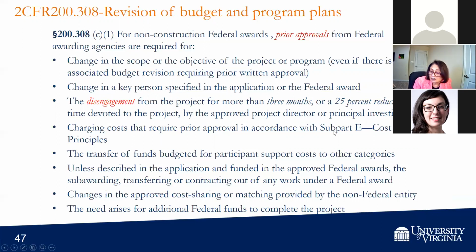Charging some unallowable costs, transfer of funds from participant support costs. Participant support cost category is a restricted cost category. So if I have leftover budget in the participant support cost, I cannot use it for research without consulting sponsor approval.